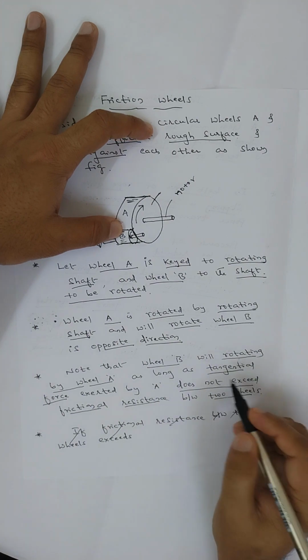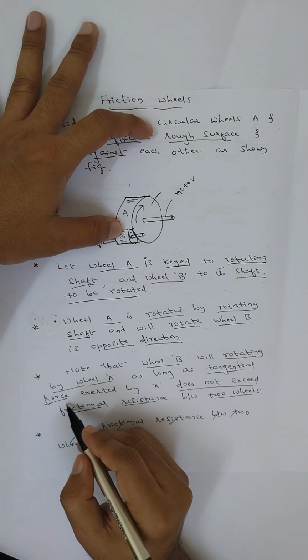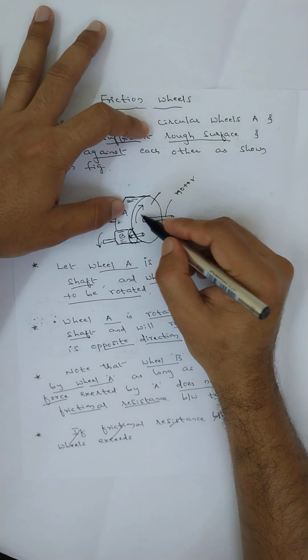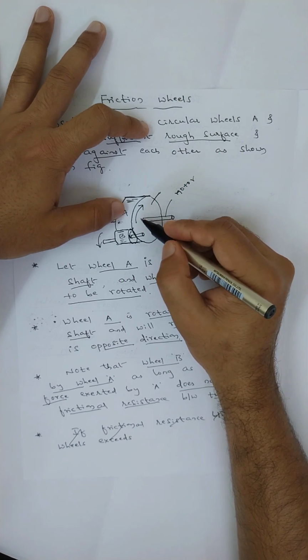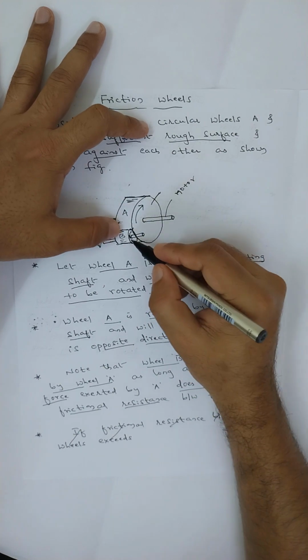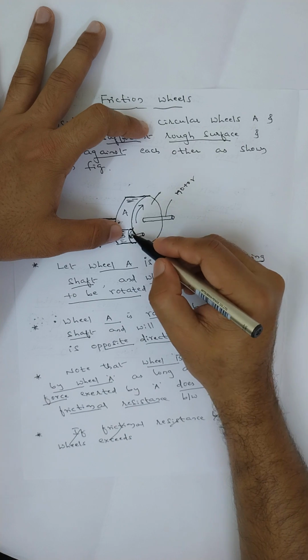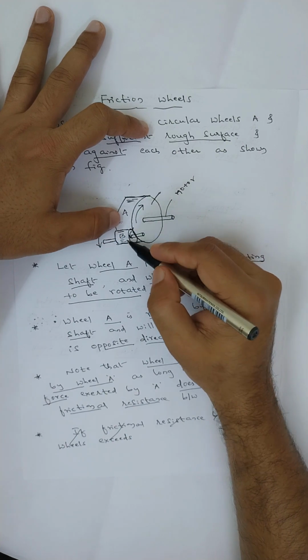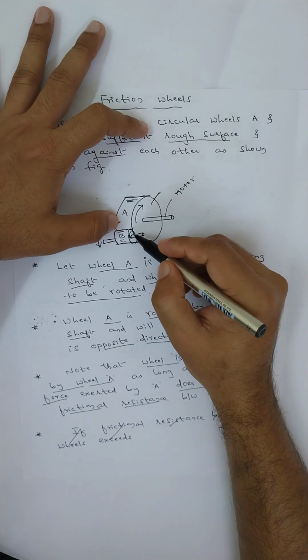Please focus on this condition: the tangential force is generated by wheel A. If this force does not exceed the frictional resistance between these two wheels, then only wheel A and wheel B stay in contact and rotate against each other.